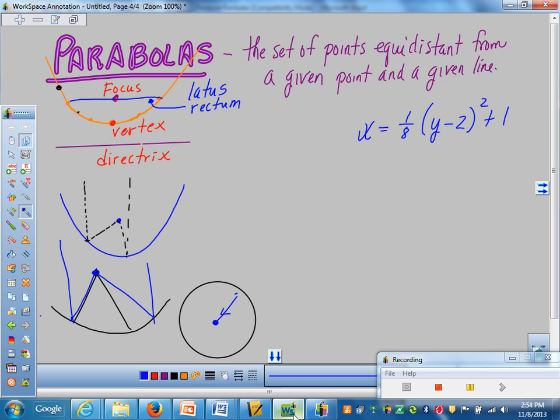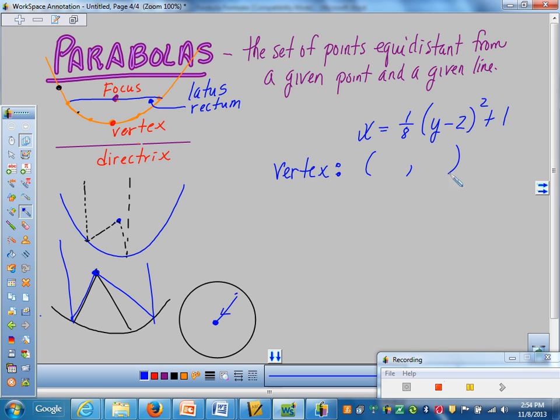So here we go. The thing that's going to bug you the most, because you've been reading the vertex for so long with a Y equals problem, if I say to you on this one, what's the vertex? We know it has to have something to do with the 1 and the 2, but the question is how? I would vote for 1, 2. The 2, if it's in the quantity, you always change the sign, so the 2 becomes a positive.